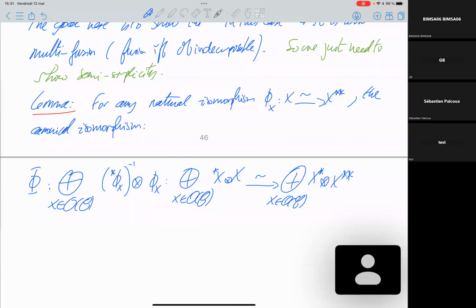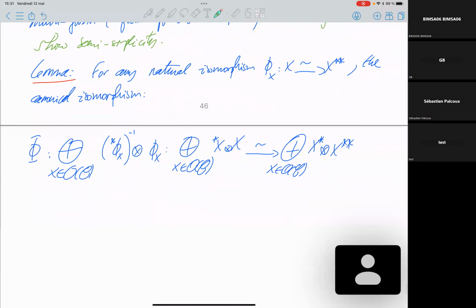So you fix a natural isomorphism between the identity and the double dual functor, and you consider this isomorphism, depending on this choice, of course.